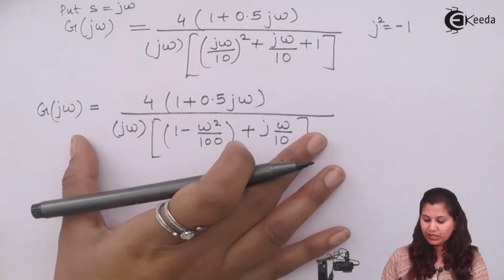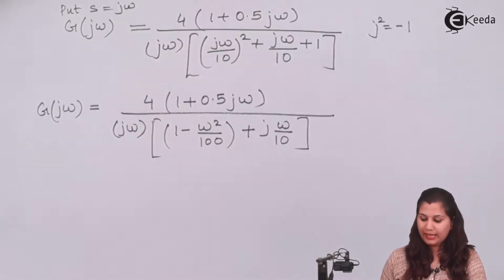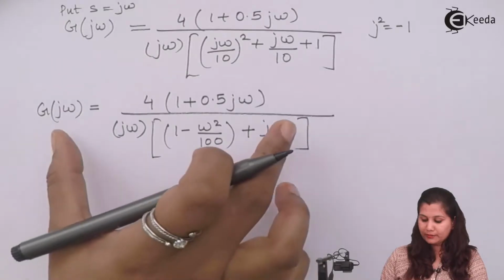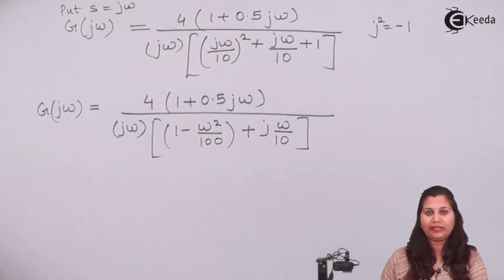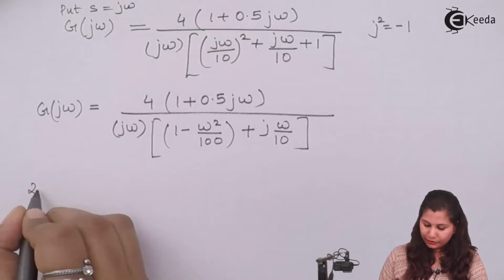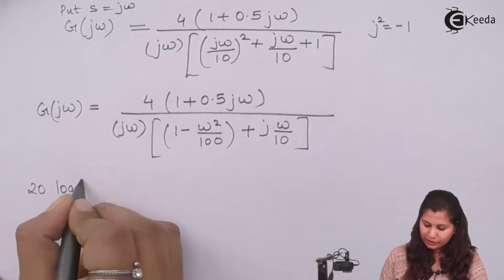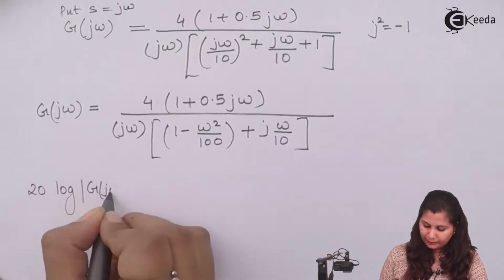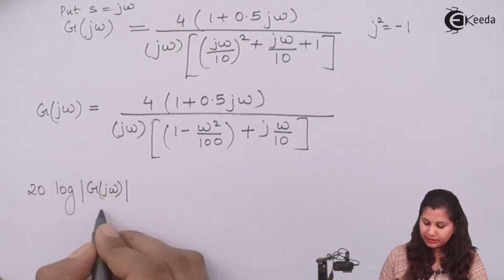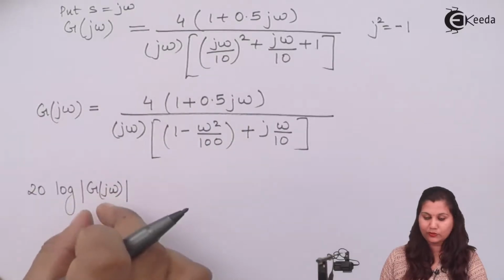Now we are going to take the magnitude of this and then the logarithm of the magnitude. So first the magnitude will be written and then 20 log of M we have to calculate. So I am writing here 20 log of |G(jω)|, the magnitude of this transfer function.